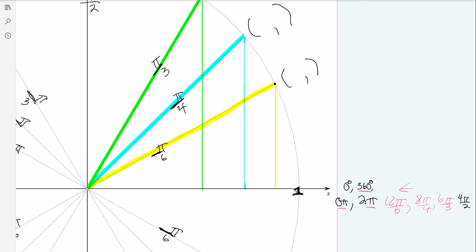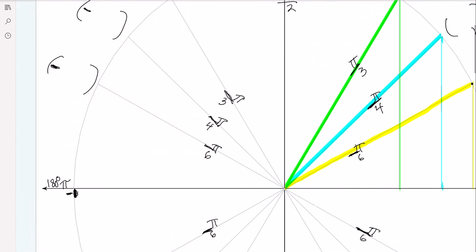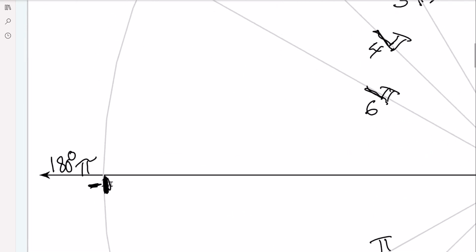And its coordinate points, see we're over here at 1 and at a height of 0. So its coordinate points right there is 1, 0. So at each axis, you're either going to have a positive 1, negative 1, and a 0, or 0, positive 1, negative 1.